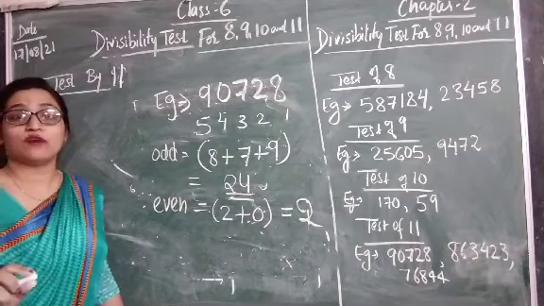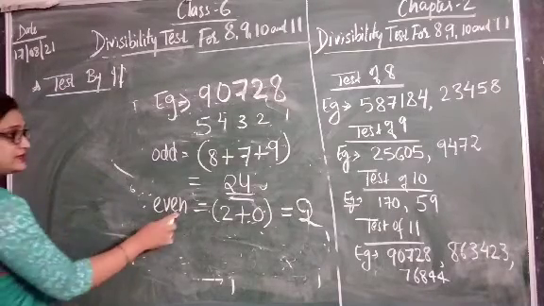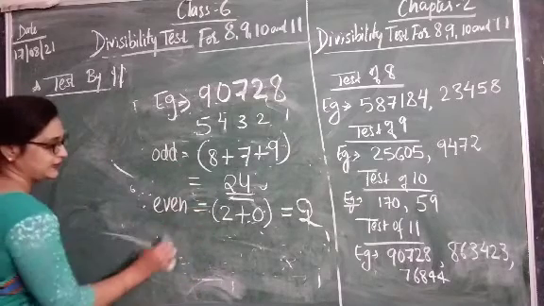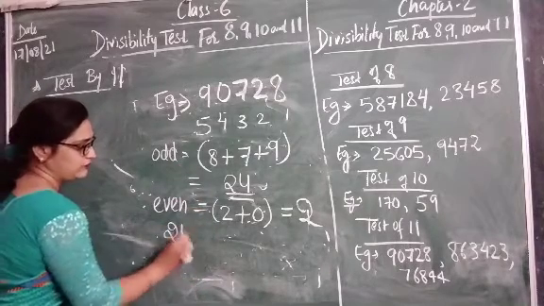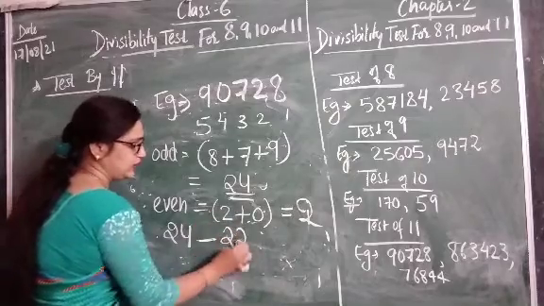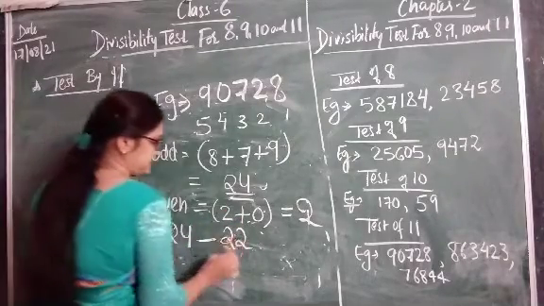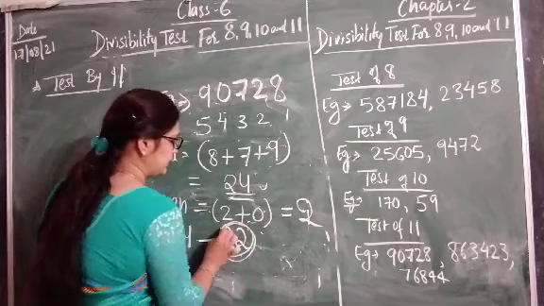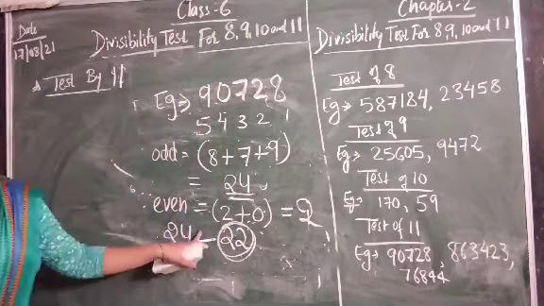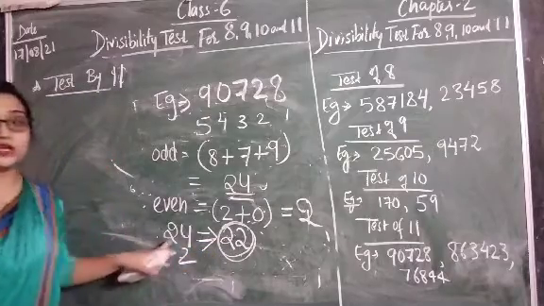Now we have to find their difference. We have to subtract the even sum from the odd sum that we got by adding them. Odd 24 minus even 2 is 22.